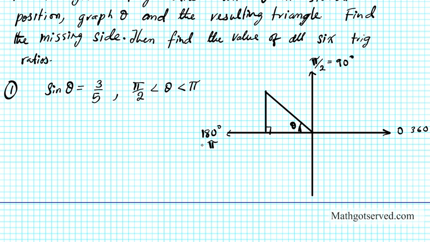Well, let's name it first, and then we can use this trig ratio to find out what goes where. If this is theta, that means that this side right across from theta, straight across, is the opposite. If that's the opposite, this other side is the adjacent.